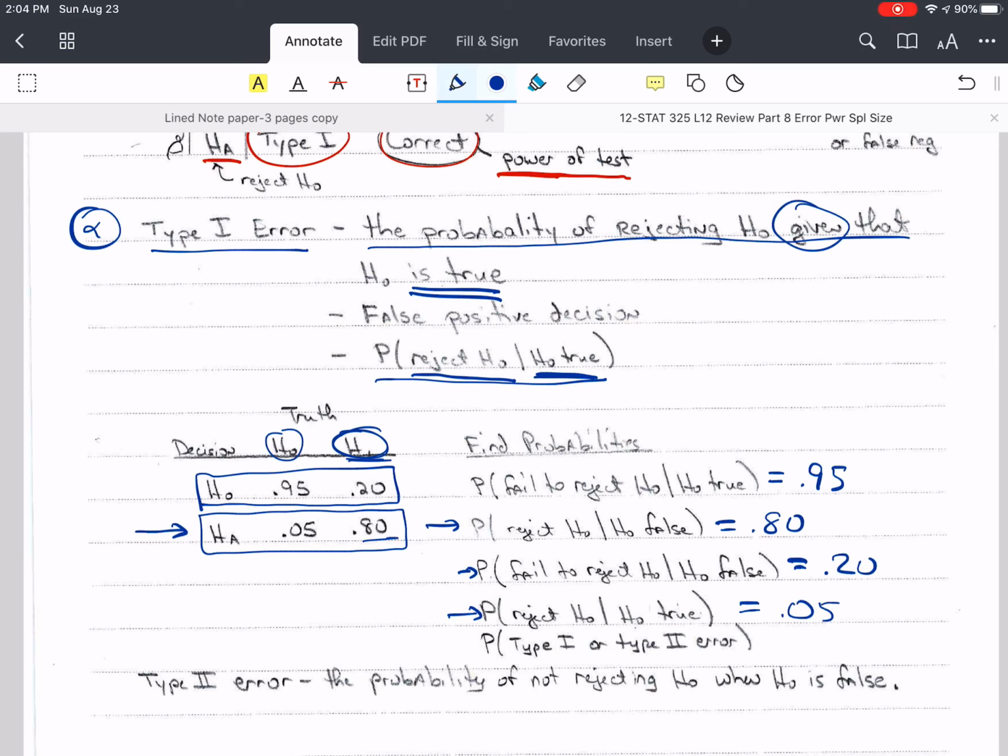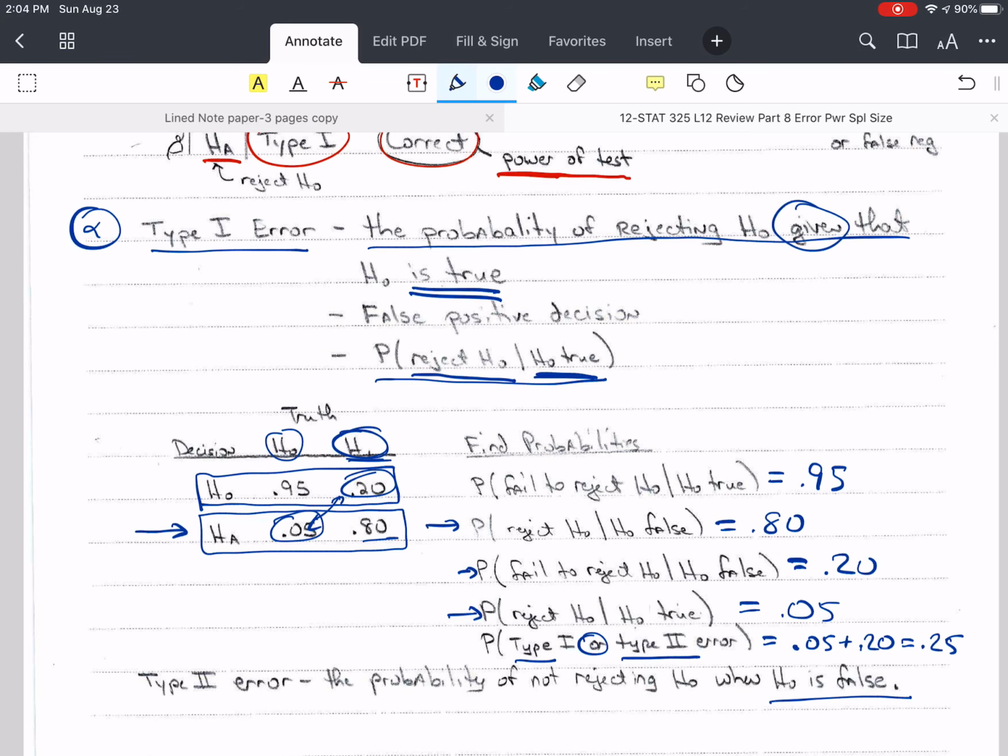That's 0.05. Now we want the type 1 or type 2 error. That means we need to add the type 1 and the type 2 error. This is going to be type 1, and this is going to be type 2. They're along the diagonal here, so that's going to be 0.05 plus 0.2, which is 0.25. Type 2 error is the probability of not rejecting H0 when H0 is false.